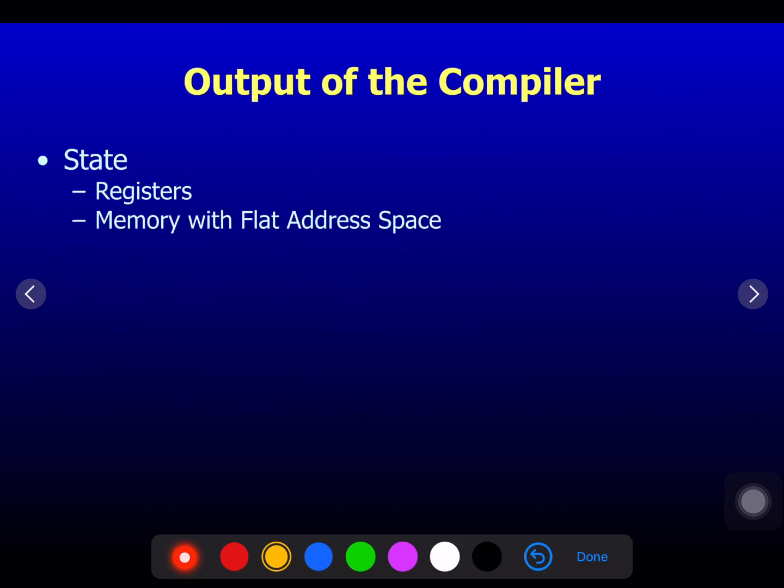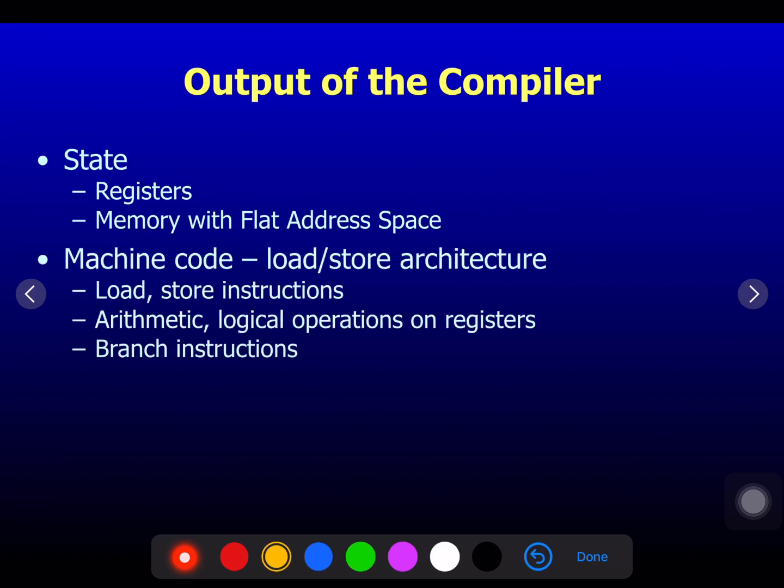Output also has a state and a computation. State is in the form of registers and is also stored in memory. The computation has certain kinds of instructions, namely load and store, and you also have to maintain the architecture of the particular operating system.